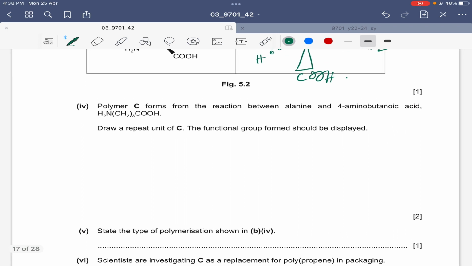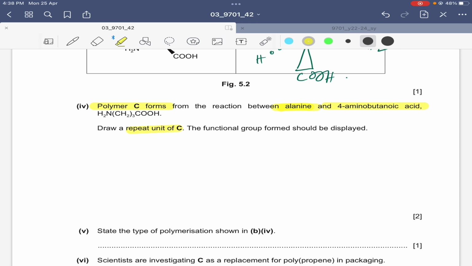And the next part of the question is saying that polymer C forms from the reaction between alanine and 4-aminobutanoic acid. Draw a repeat unit of C. The functional group formed should be displayed.